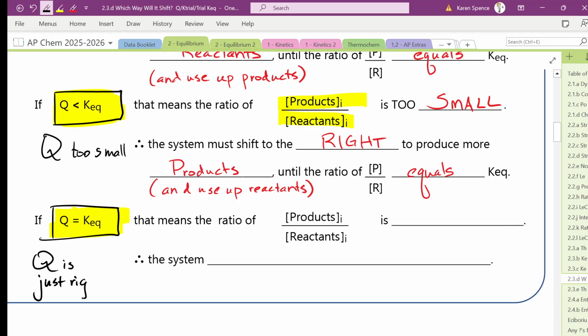Do you guys know the story of Goldilocks? Anyone not know the story of Goldilocks? It's okay, because if you weren't raised here, you may not. So there's this family of 3 bears, and they get their porridge, and it's too hot, so they decide they're going to go for a walk while they wait for their porridge to cool.